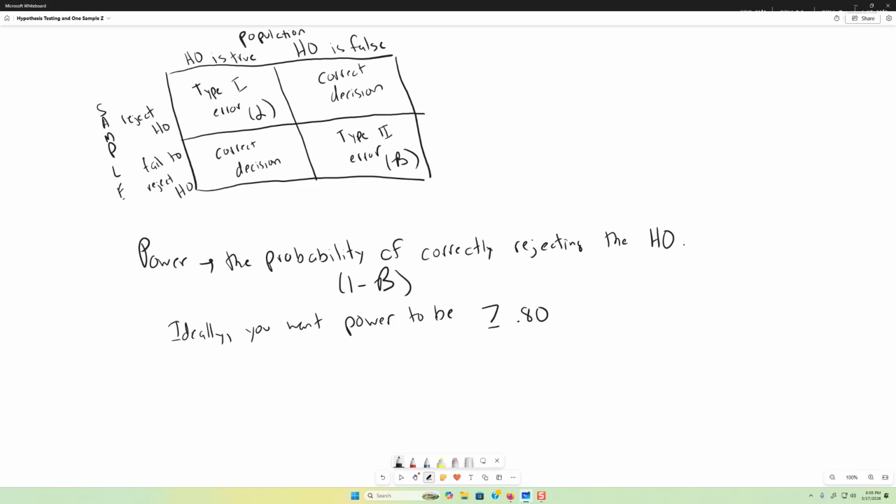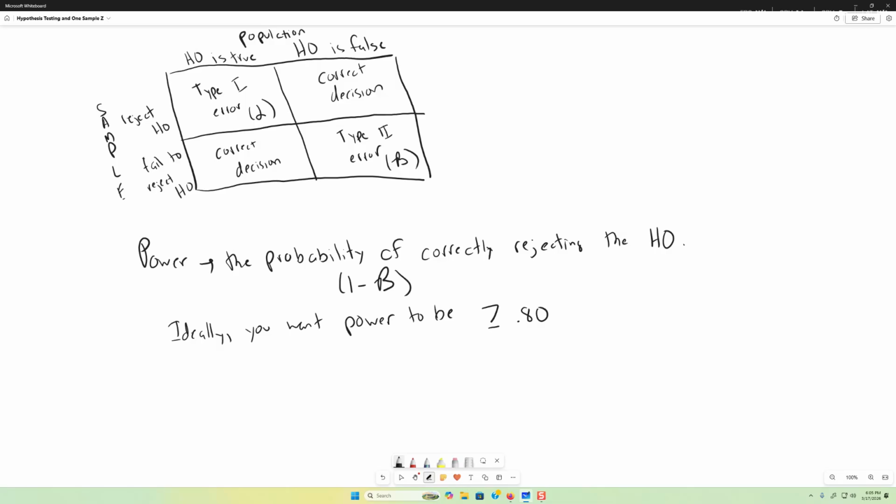That means rejecting the null hypothesis when the null is actually false in the population, when you should be rejecting it. You want at least an 80% chance of finding a result. So think of this. This is finding a result in the population, finding that result in the sample. So I want at least an 80% chance of being able to find a result in my sample if the result really exists in the population.